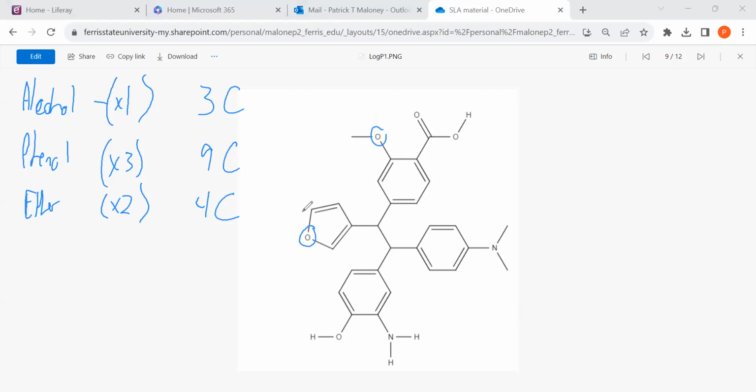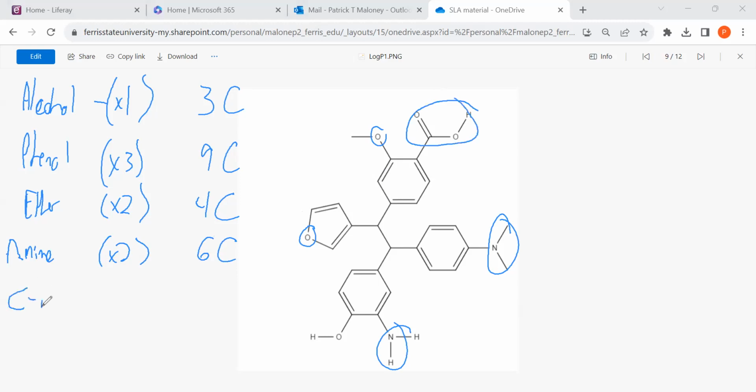Amine. We've got 2 amines, one tertiary, one primary. They rank the same according to estimation method. So the lesser is, oh, this only has 1, so 6 carbons for 2. We've got 1 C acid, which is equivalent to 3 carbons. No esters. No urea, no carbonate, no carbamate.